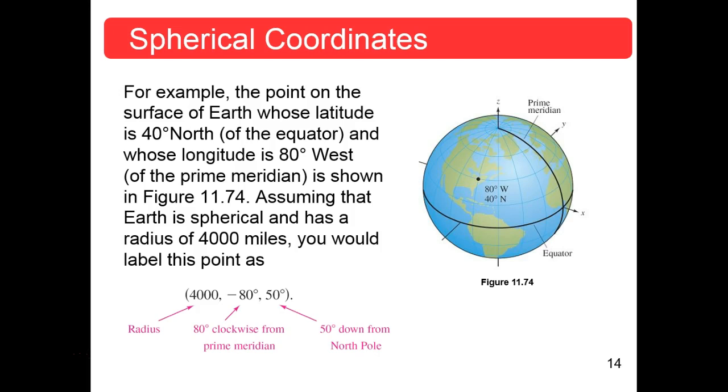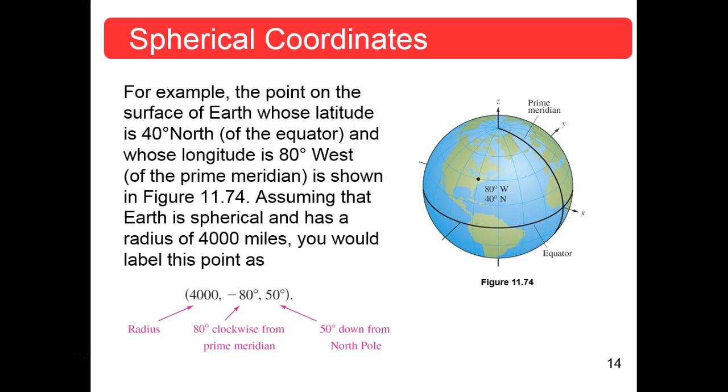Assuming the Earth is spherical, which is not quite true but pretty close, and has a radius of about 4,000 miles, you would label this point with radius 4,000, and then you give the azimuth angle next. Since you're going clockwise from the prime meridian looking down, that's negative.